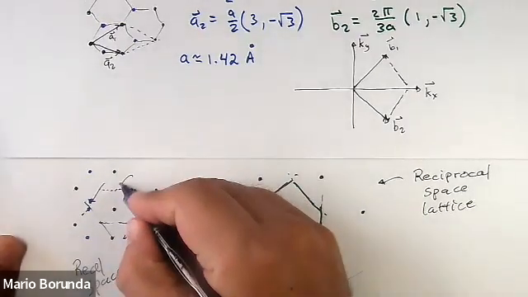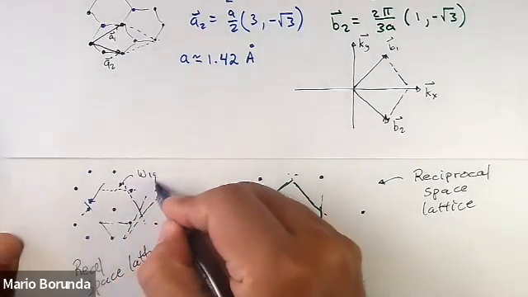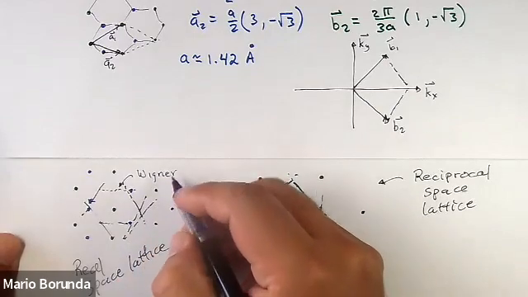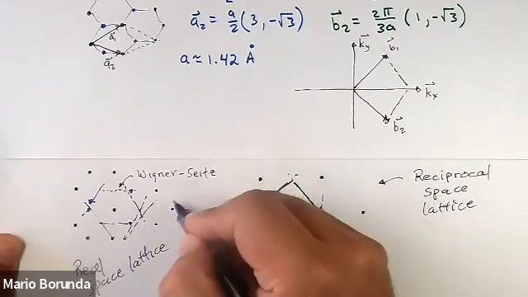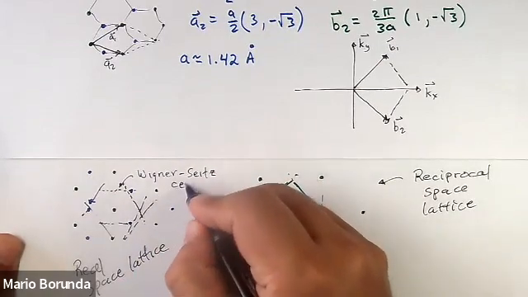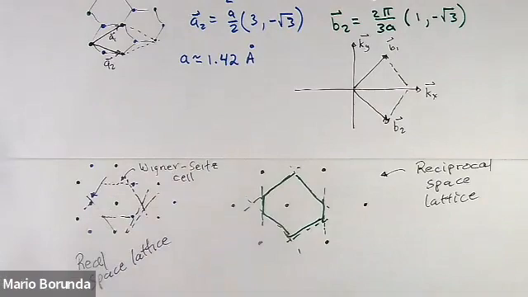This one right here, like I told you before, is the Wigner-Seitz lattice or Wigner-Seitz cell. That one right there, that's the Wigner-Seitz cell. So this is a unit cell right here. Cosmo, is that one a unit cell up there?